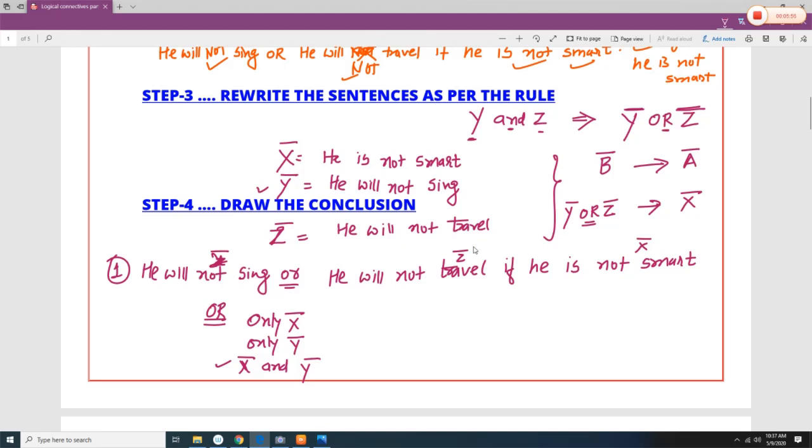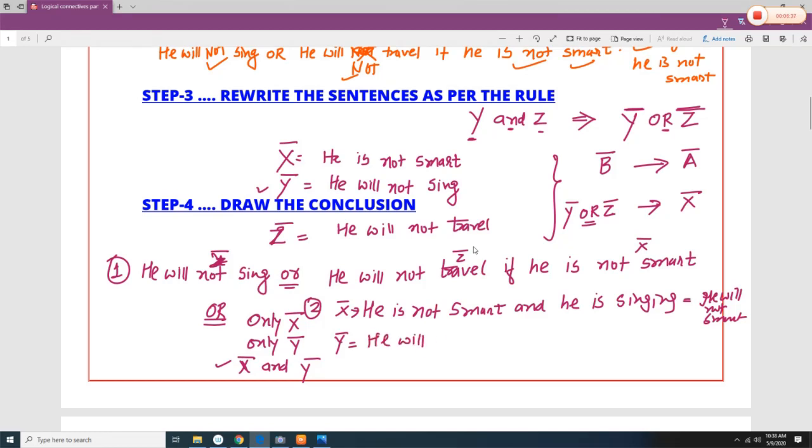Now only X bar. X bar means he is not smart, right? He is not smart and he is singing. So this is X bar only. Then he will not travel. Sorry, then he will not be smart. So this is our conclusion number 2. Then Y bar only. What is Y bar?